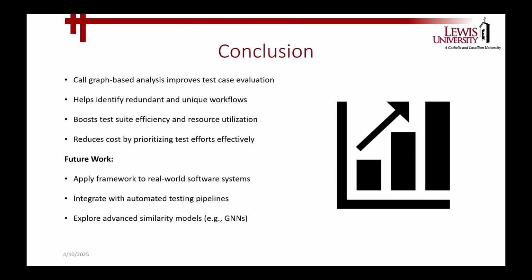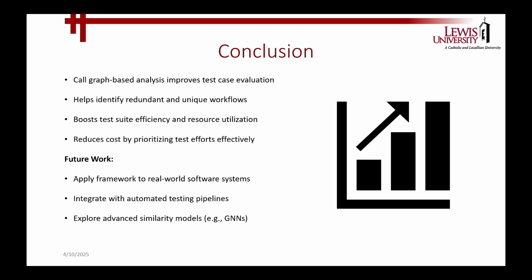In conclusion, our research demonstrates that call graph based similarity is an effective tool for optimizing software testing. By identifying structurally similar or redundant test cases, we can avoid retesting the same logic and focus more on unique workflows.